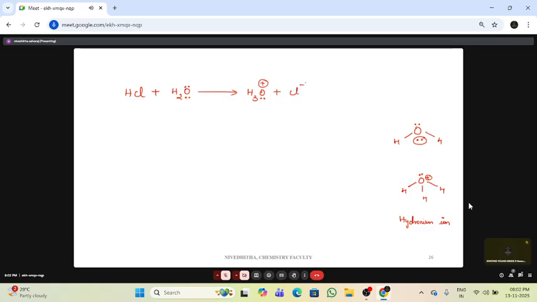So as far as the forward reaction is concerned, which is acting as an acid and which is acting as a base based on the Bronsted and Lowry concept? As far as the forward reaction is concerned, which is losing H plus and which is accepting H plus?